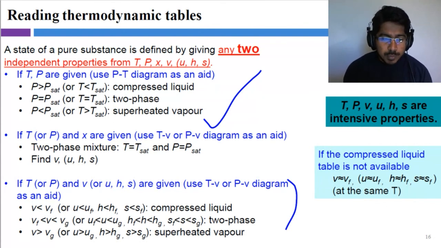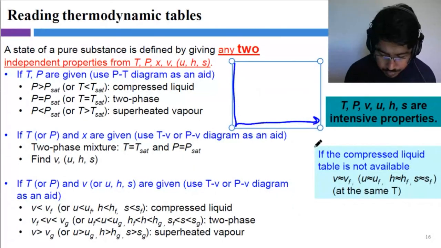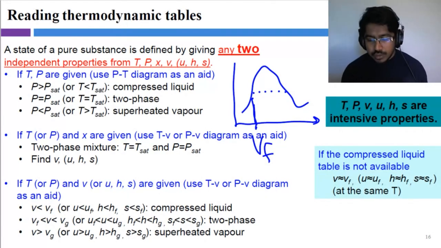We can also look into a third notion, looking at specific volume. If we have been provided with specific volume and our specific volume is less than the saturated liquid specific volume, v_f, then what can we say? If we draw a dome again, we have v_f here.